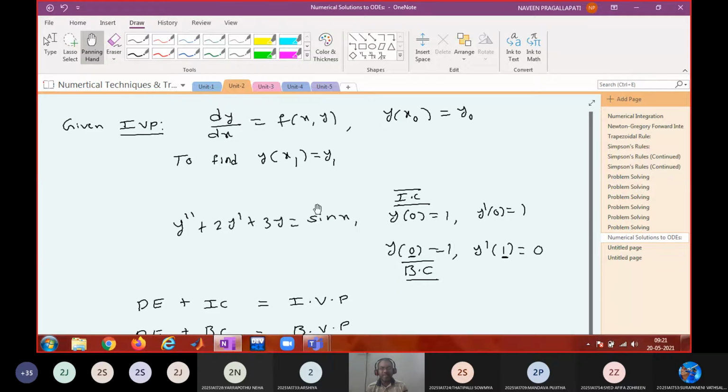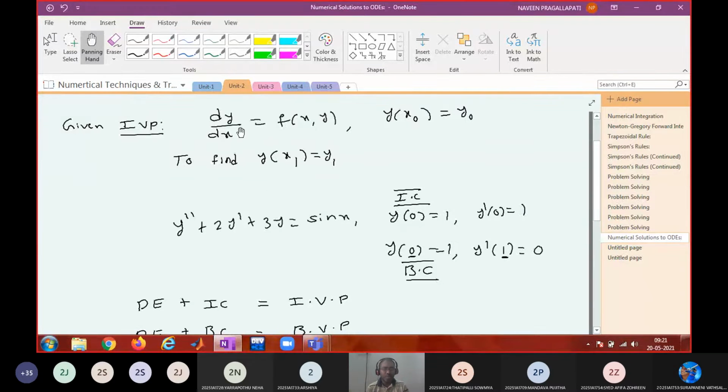But if you specify some condition like this, you are picking a particular solution from the set of all solutions. You want a solution which satisfies a certain condition: your solution should pass through the point x naught comma y naught. That means when I substitute x equal to x naught in the solution, I should get y naught. Such a solution is going to be unique.